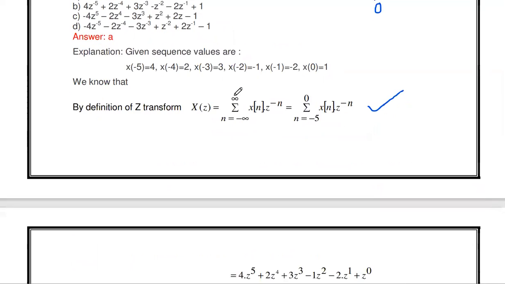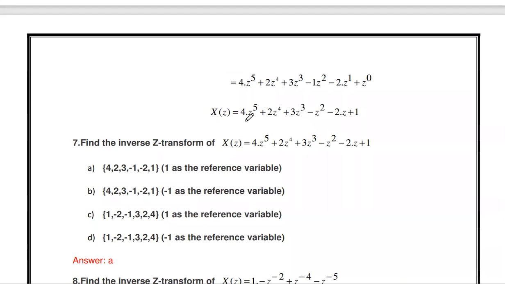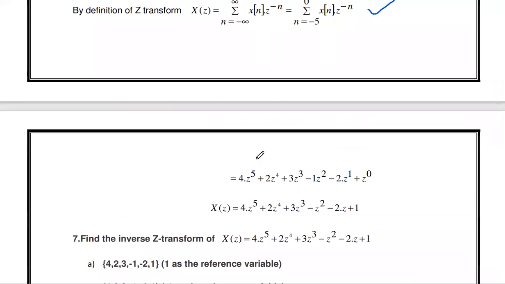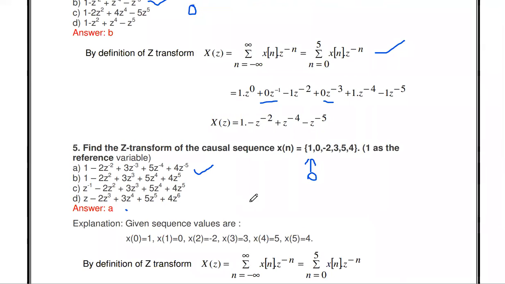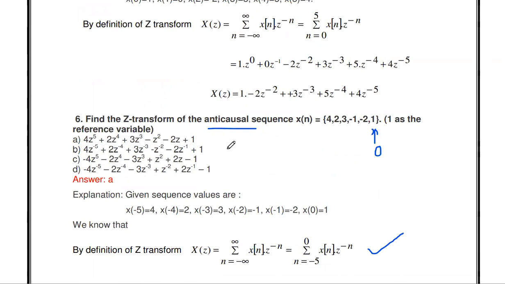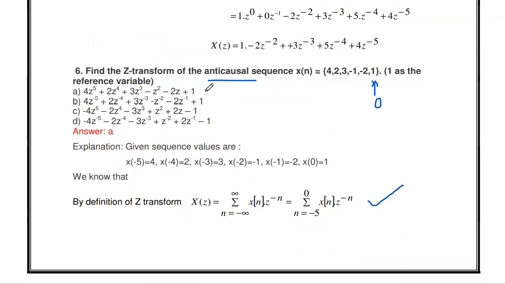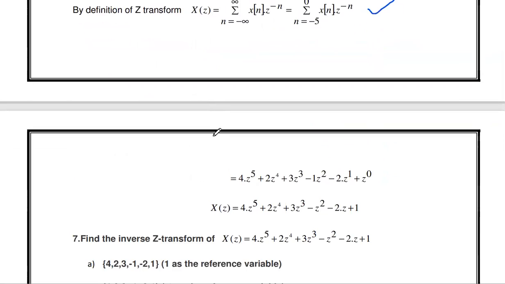If it is an anti-causal sequence, the x of Z answer is an addition of Z power plus terms. So the answer is A: 4 Z power 5 plus 2 Z power 4 plus 3 Z power 3 minus Z power 2 minus 2 Z plus 1.